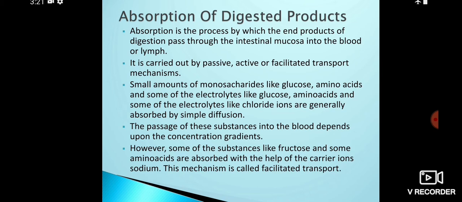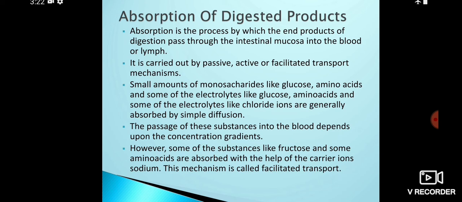So with respect to the active, facilitated mechanism, to absorb food substances like fructose and amino acids, they are going to take the help of the carrier ions called sodium.